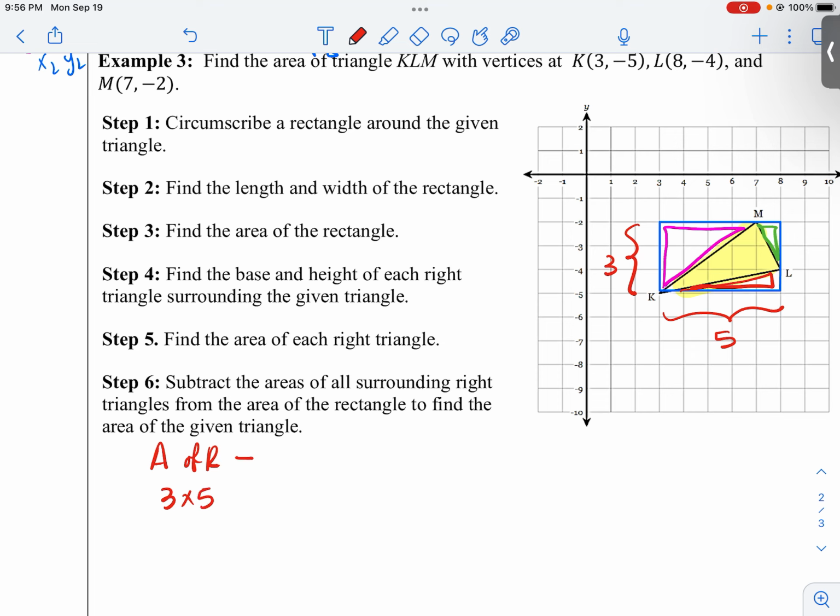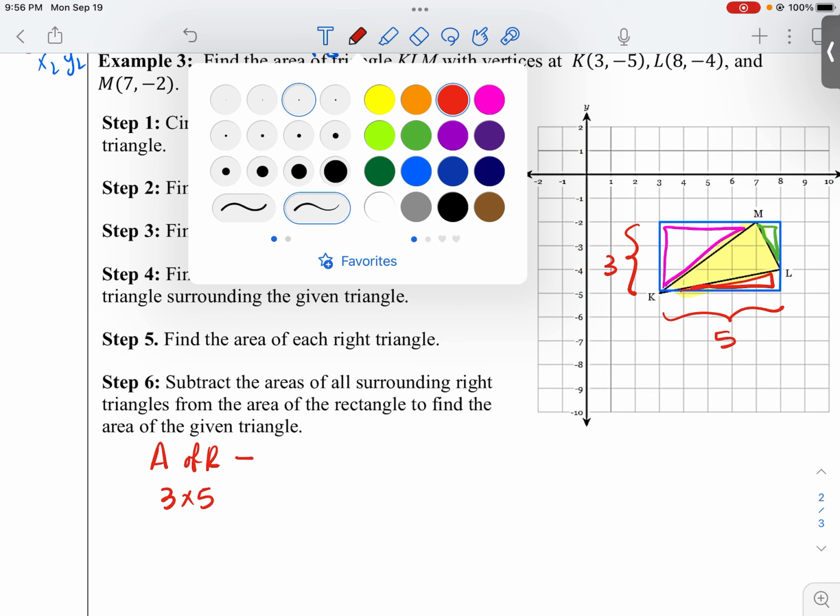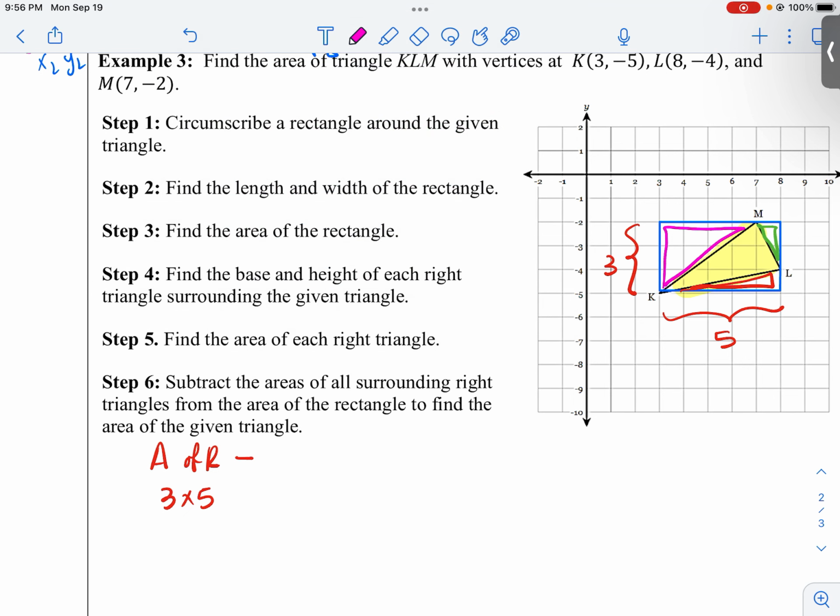And then we're going to start subtracting triangles. So first we're going to subtract the pink one. And the pink one is 3 by 4, counting 1, 2, 3 by 4. So area of triangle 1, so we'll call this triangle 1, is half of 3 times 4. And then we'll do the green one.